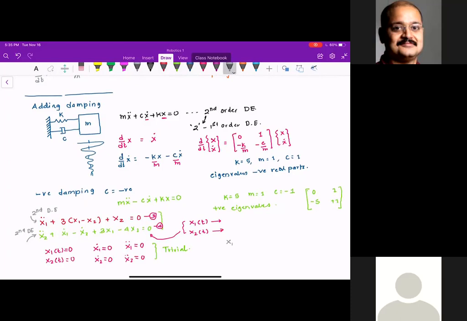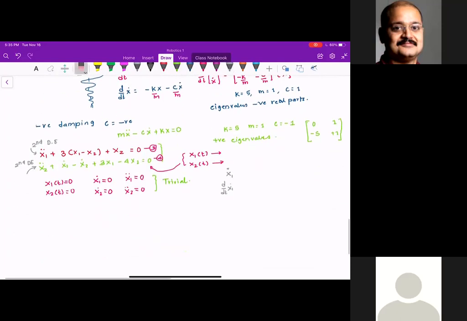I would write d by dt of x1, d by dt of x1 dot, d by dt of x2, and d by dt of x2 dot.